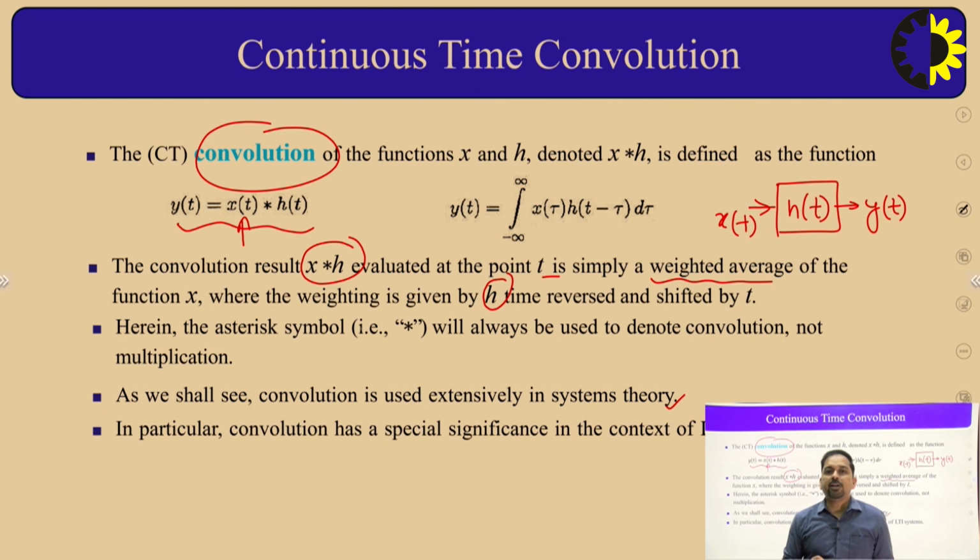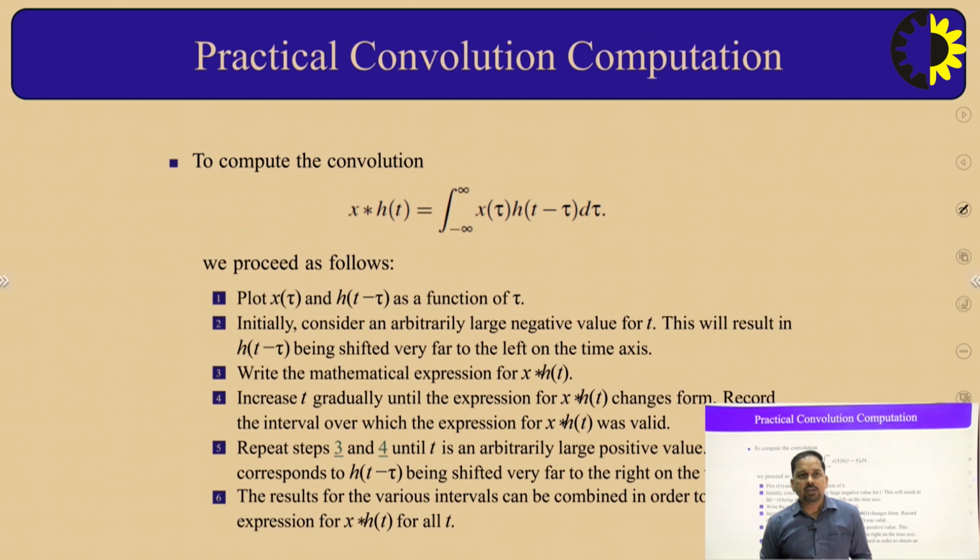If you want to calculate the response of an LTI system, we generally use a mathematical tool called convolution. For a continuous time LTI system we deal with the convolution integral, and for a discrete time system we deal with the convolution summation. That is the only difference between discrete and continuous time systems.